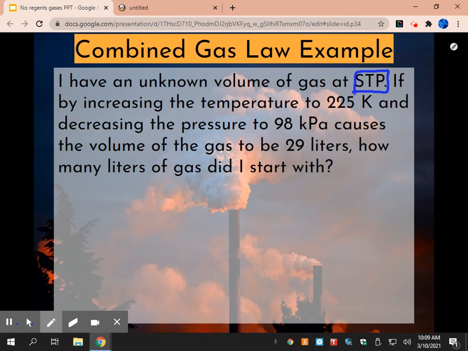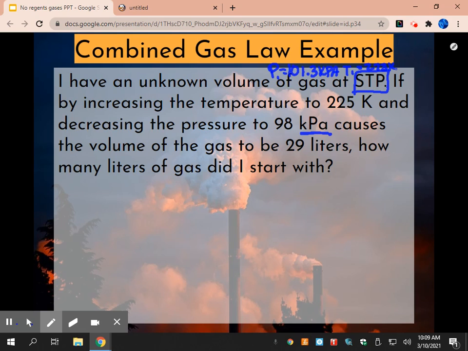So if you looked at your reference table, you would have to pick kPa for your standard pressure to make your life a lot easier because you already have kPa in the problem. So your P1 would be 101.3 kPa, and your T1 would be 273 Kelvin. Please pause the video and try this problem on your own. When you're done, come back for the solution.